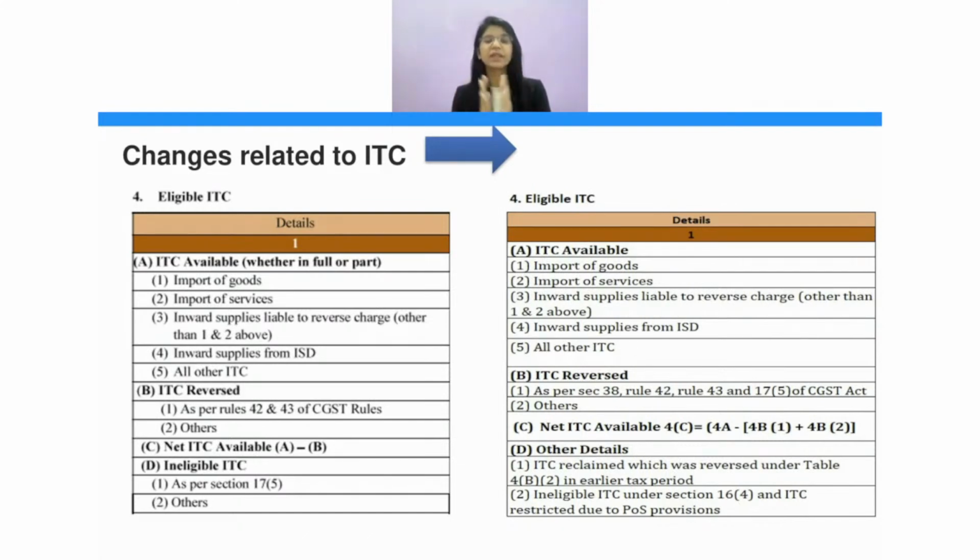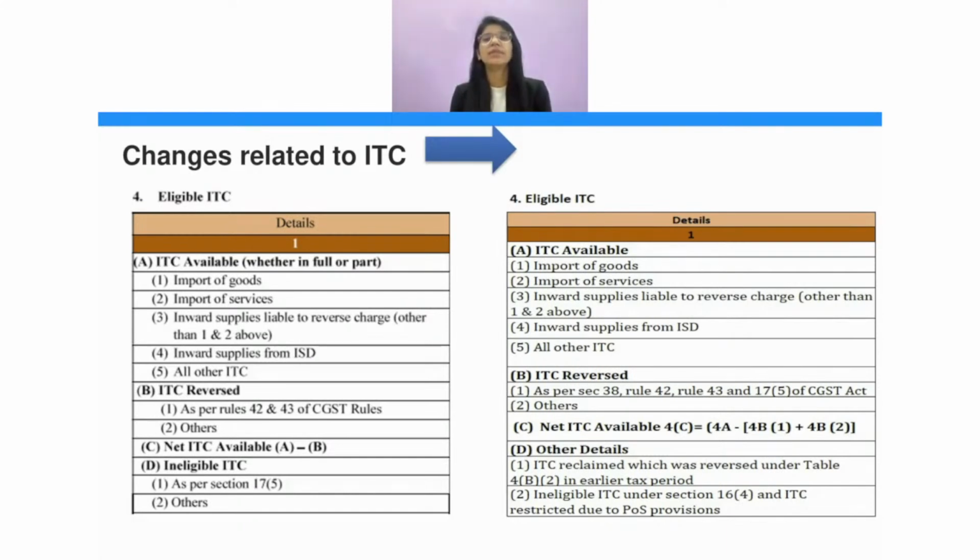I will never book anything as an input GST. Since I was expensing it out, most of the time I was not even showing this transaction, but there were some people who were showing it, and they showed it under 4D1.